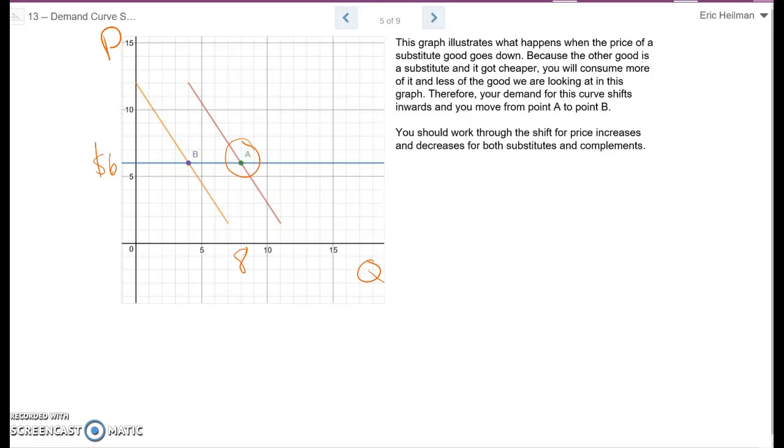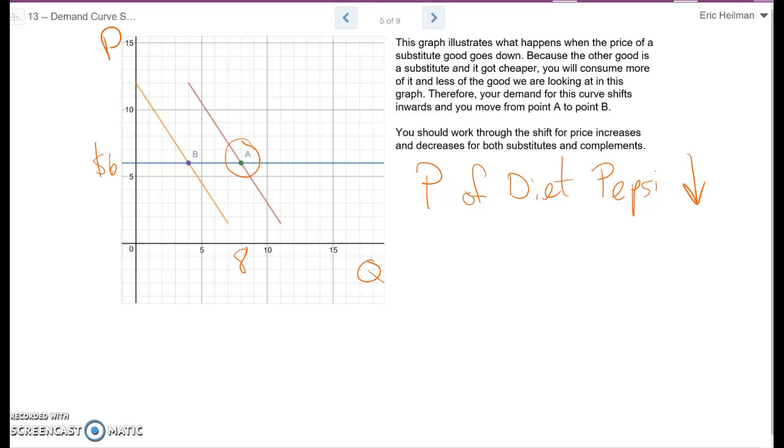So then what happens in this example is, let's say the price of Diet Pepsi goes down. A substitute for Diet Coke got cheaper. So what that means is that my demand for Diet Coke will decrease. I mean, not me personally, I'm very loyal to my brand, but in general, this could happen.